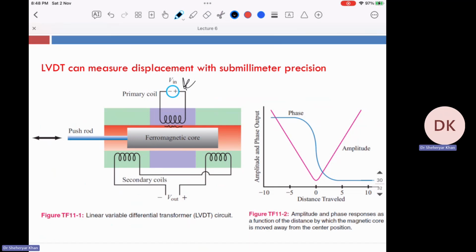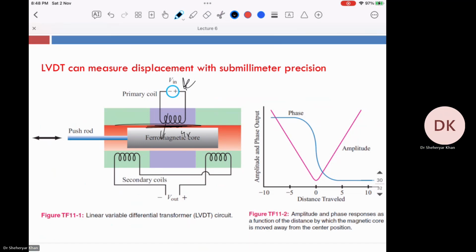So there's a gap here. You see, there's always a gap. And then iron has a very good mu R, so it takes the flux from here and becomes a magnet. Whatever changes in the primary, the iron also does the same. If the input is changing sinusoidally, the iron is also behaving sinusoidally. It's like a magnet now.